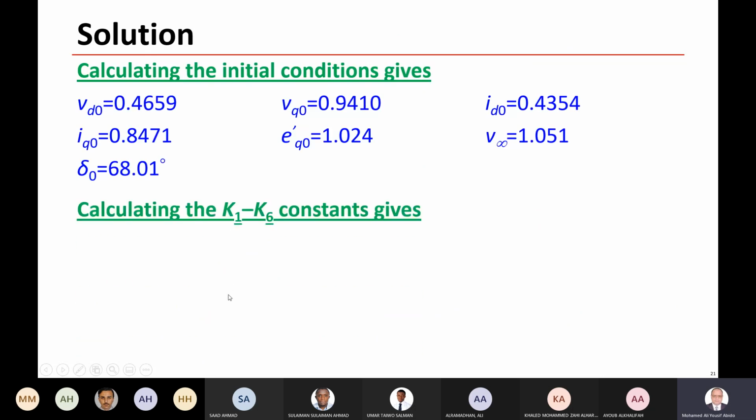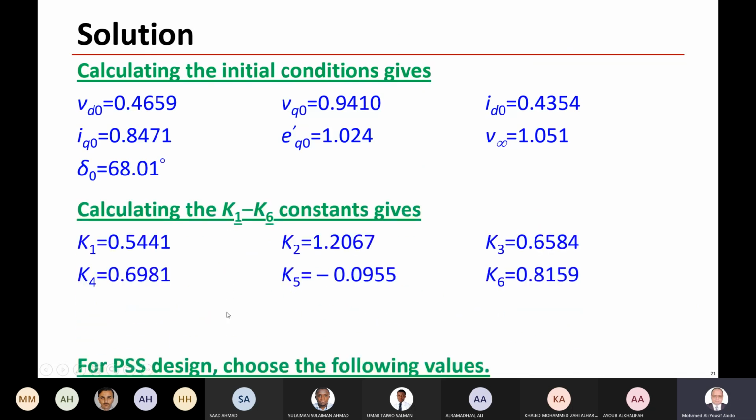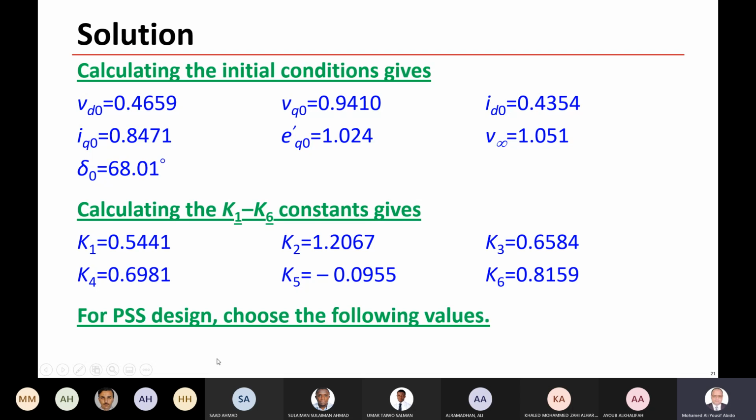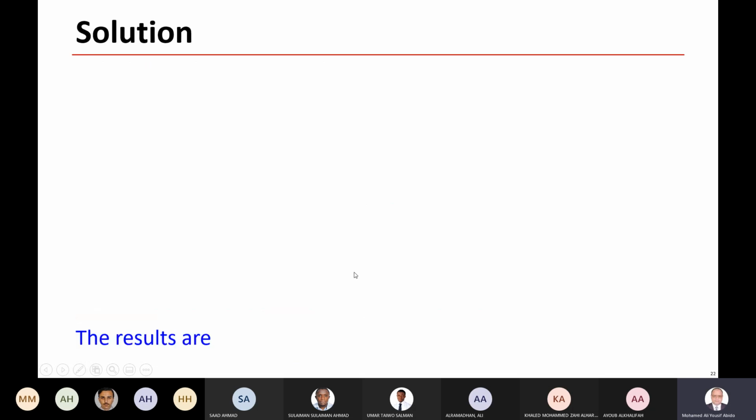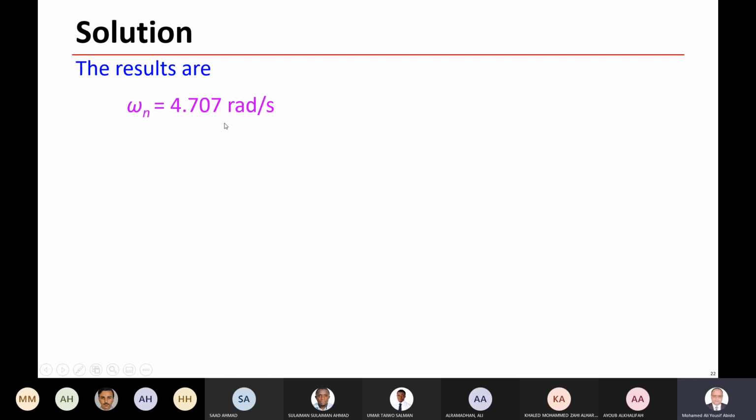These are the initial conditions, and these are the linearization constants. For the power system stabilizer, you choose the following values: zeta n, T2, and TW, and you get T1 and KC. So the results are omega n equal to this, and the angle of GE equal to this. The magnitude of GE we need, of course, in calculating the gain.